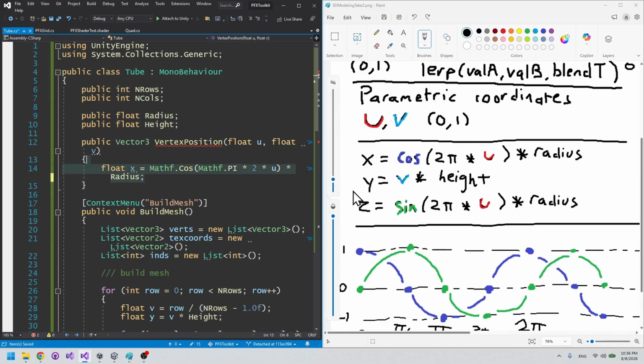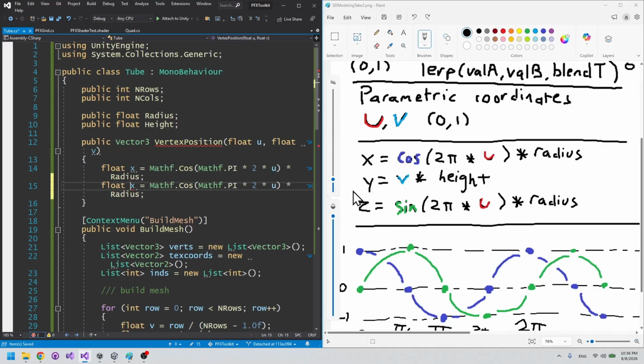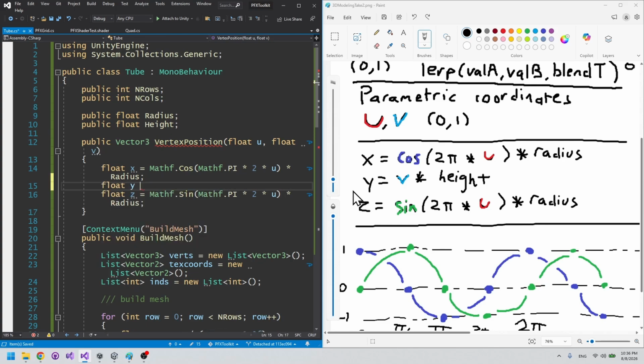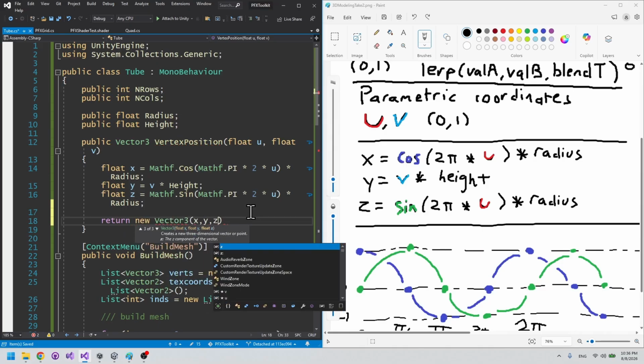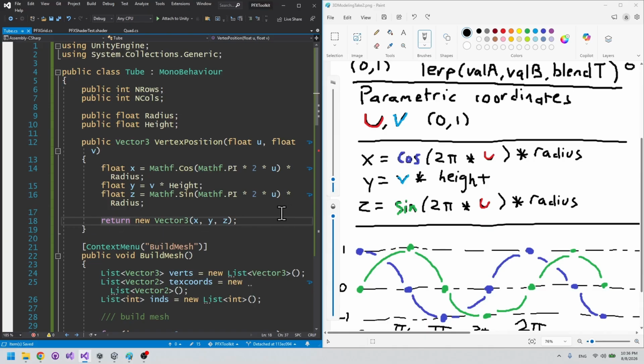Okay, so now we've got x. And for our z, let's just do that next because we just need to change this to sine. All right, so z is done. Now for y, we just need to say that's going to be v times height. And now height we are going to be able to reuse from the grid. And then this is still complaining because we just need to now return a new Vector3 with x, y, and z as its three components. All right, so that's our vertex position function.